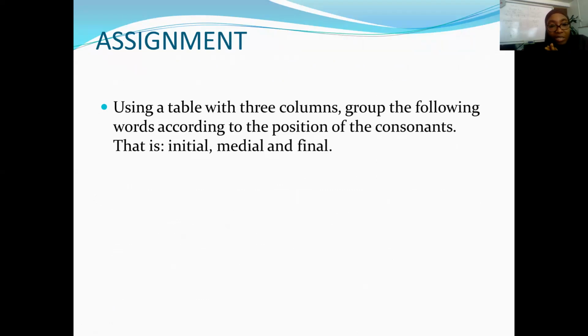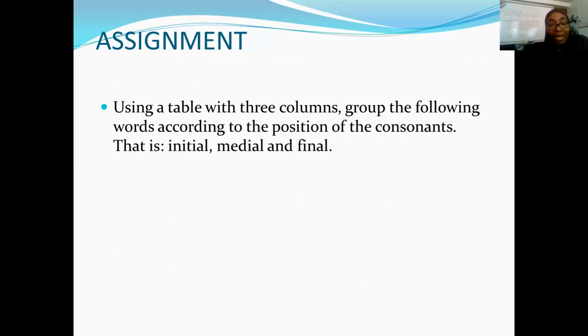For the purpose of this lesson, we looked at two clusters, that is, the occurrence of two consonants at different positions of words in English. I explained that we have three positions of words: the initial, the medial, and the final. We looked at various examples with focus on sounds and not the letters.